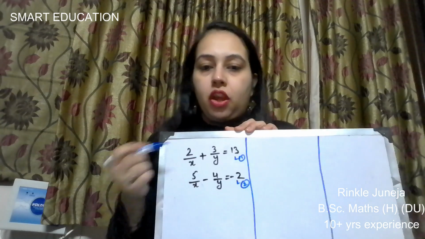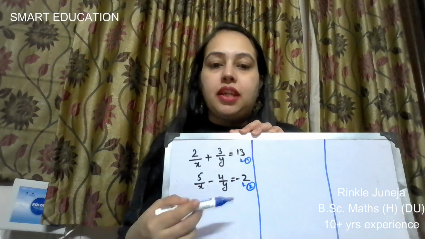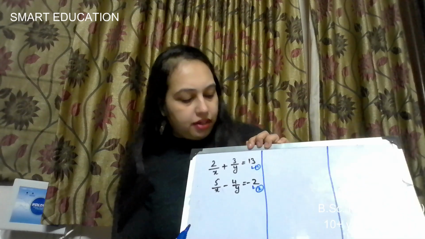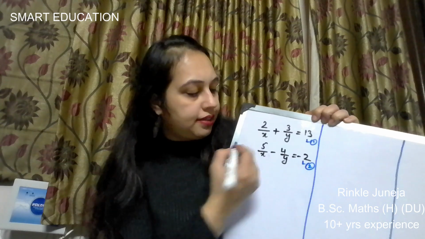Now let's solve a special type of equation. 2 by x plus 3 by y equals to 13, and 5 by x minus 4 by y equals to minus 2. So now x and y are in the denominator. So what to do? Simple.